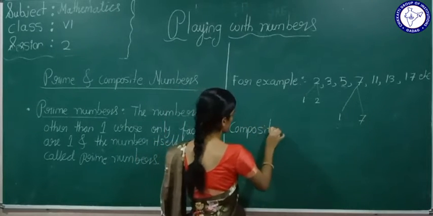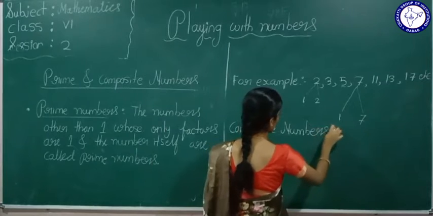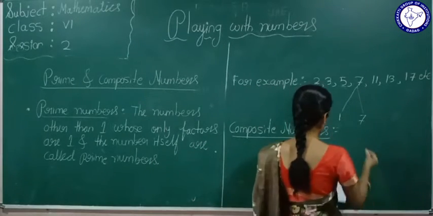The next definition is composite numbers. We will write the definition here.